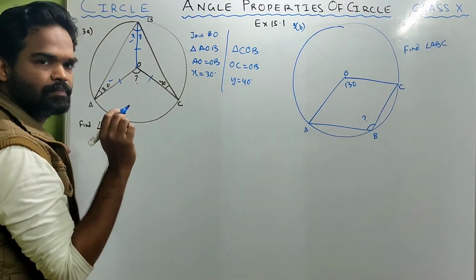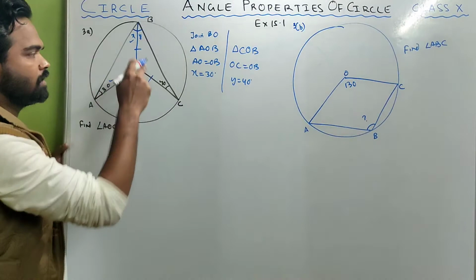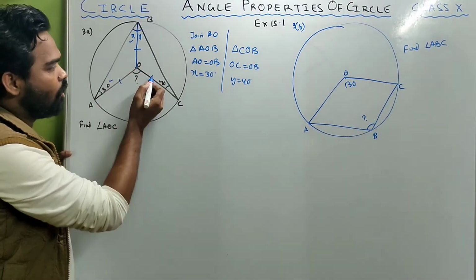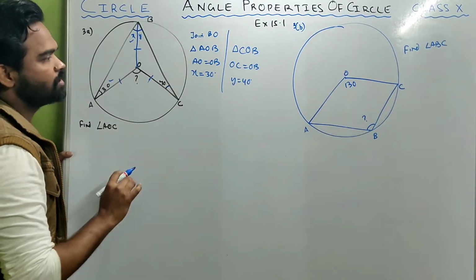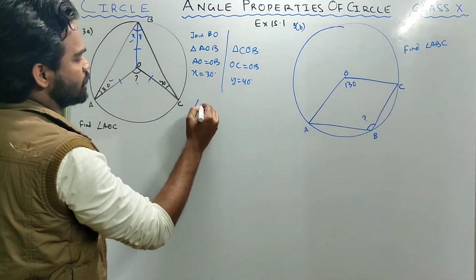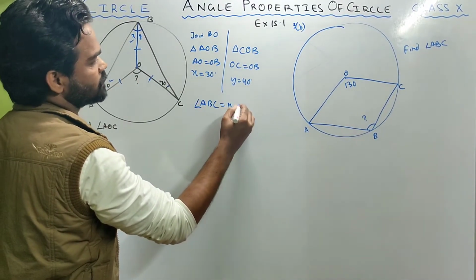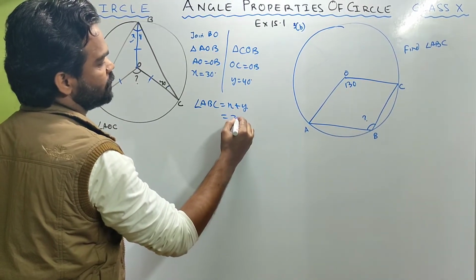In an isosceles triangle, the angles opposite to equal sides are equal, isn't it? We know this. So angle ABC is nothing but X plus Y, that is 70 degree.